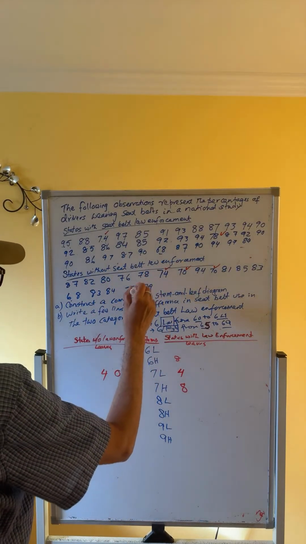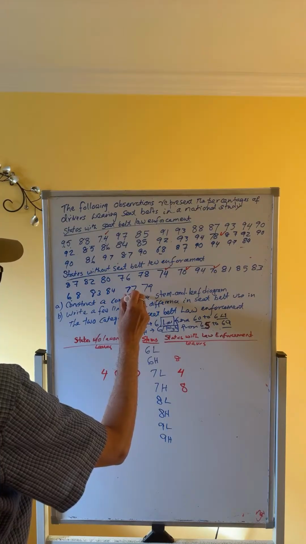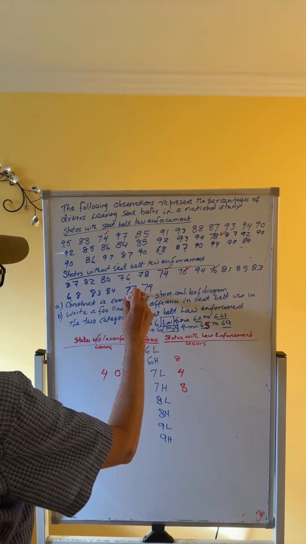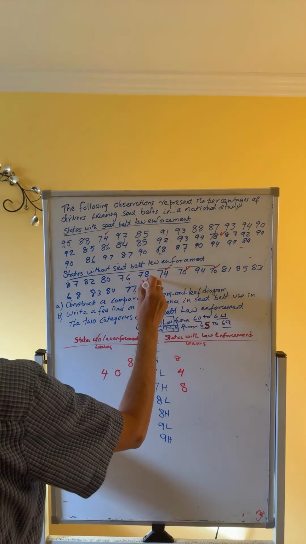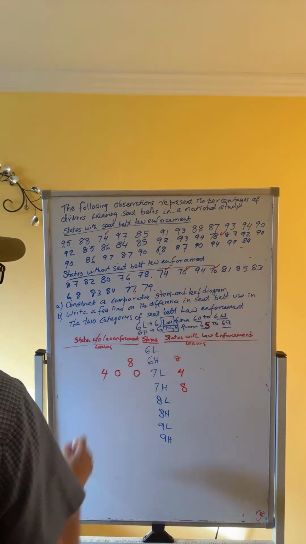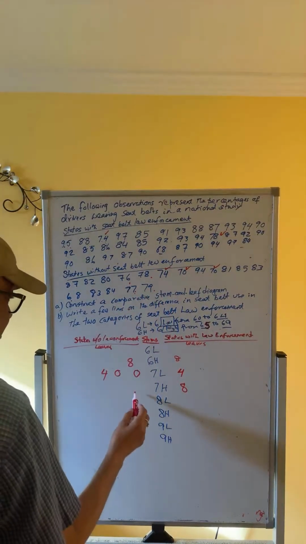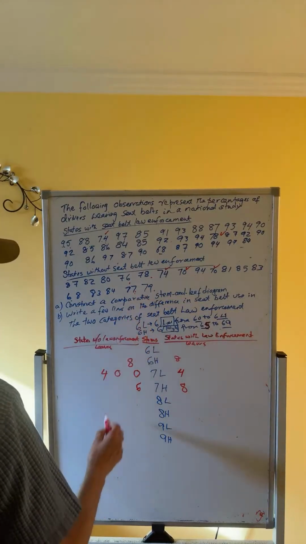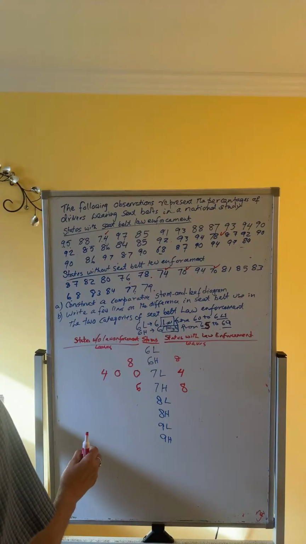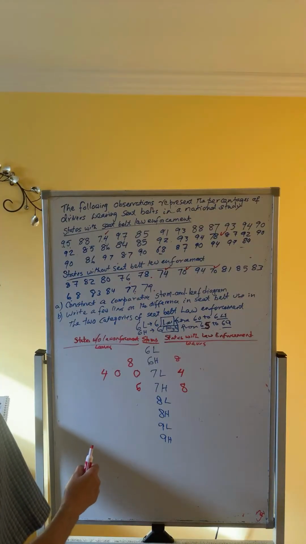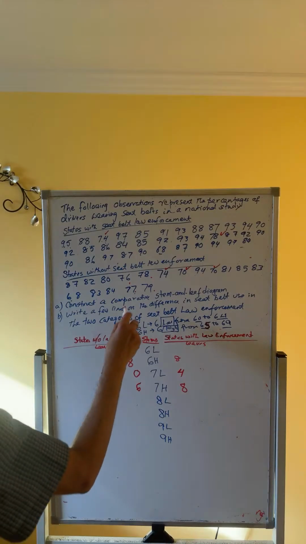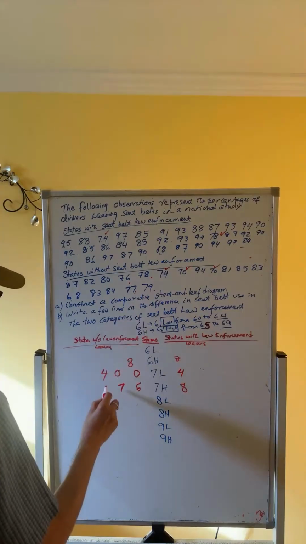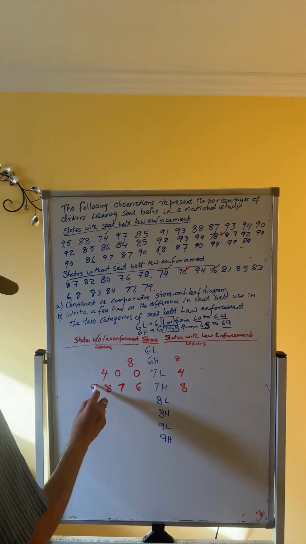There is a 76, 77, 78 and 79. So 76 comes first, then comes 77, then comes 78, and then comes 79.